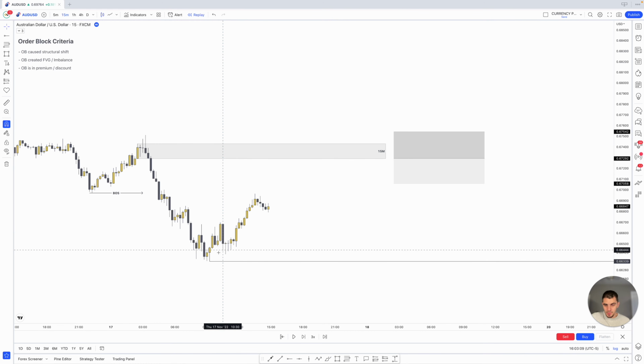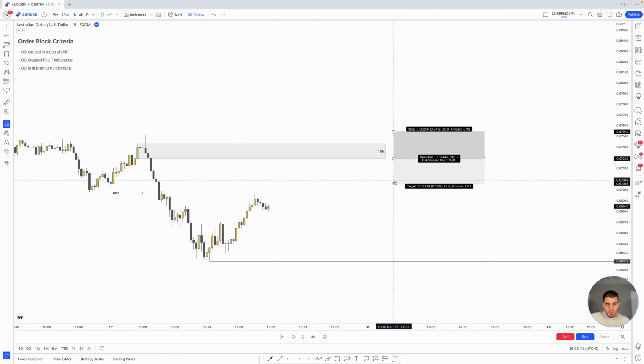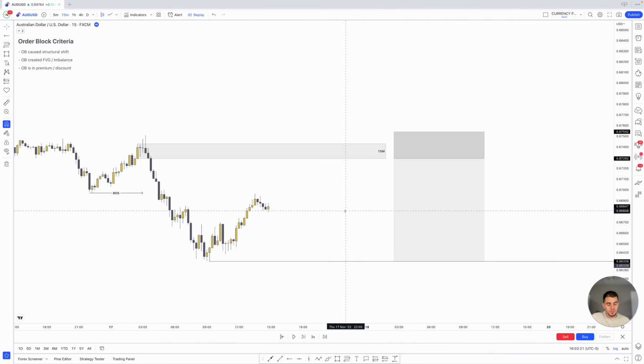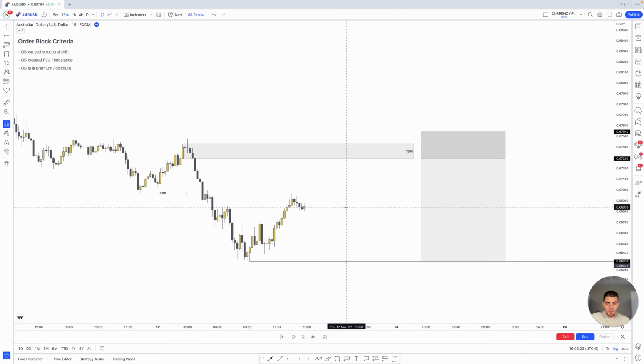In this case, I'm just going to target the swing low because it looks like the risk to reward ratio isn't going to be that great anyways. So let's aim for that swing low. It would definitely be used as an area of sell side liquidity. So that gives us a 3.81 risk to reward ratio. That's okay. Typically anything above 1 to 3 I'm okay with. So let's play this out and see how it goes.